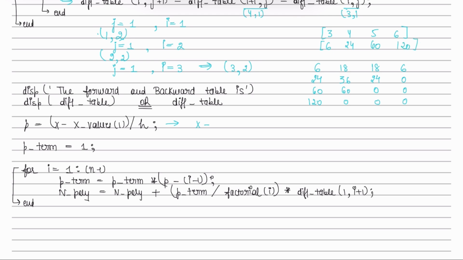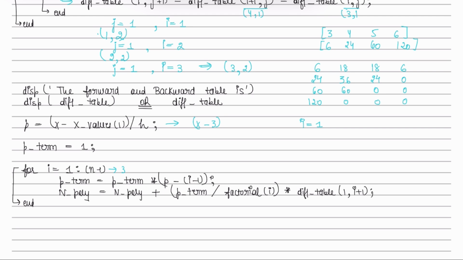The x value at index 1 is 3, so this p value will be x minus 3, divided by the value of h, which is calculated as 1. Now when the loop initializes, the value of I will be 1, and this loop will run till 3 because the value of n is 4.